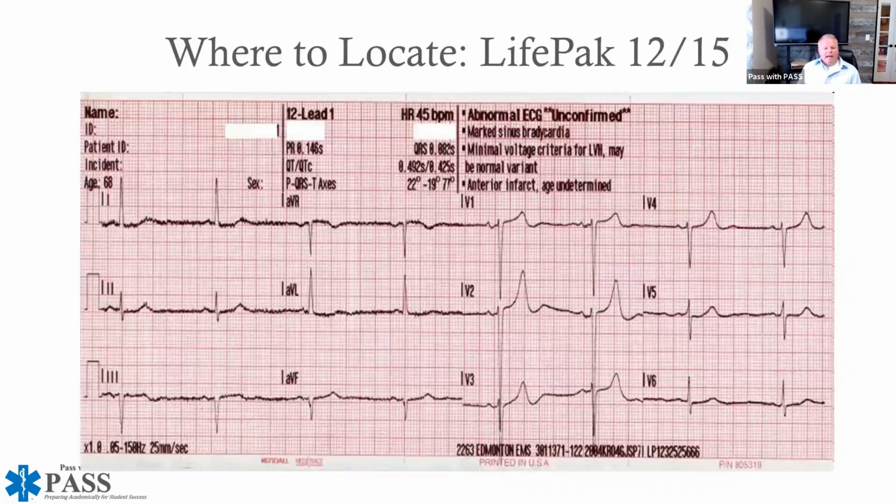If I'm looking at a physio device, a LifePak 12, LifePak 15, hopefully 15s at this point, you can see different things. So look up in the center of the screen where it has P-QRS-T. And then if you look over at the numbers, those are your respective numbers. So the P would have an axis of 22, the QRS is -19, and then the T is 77.